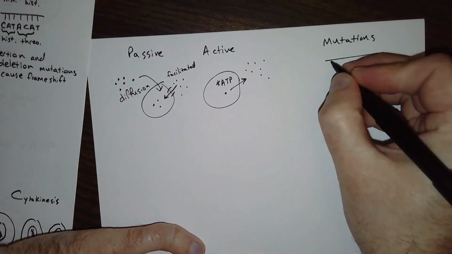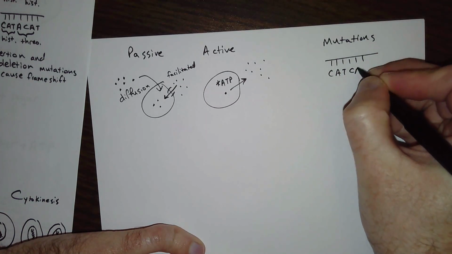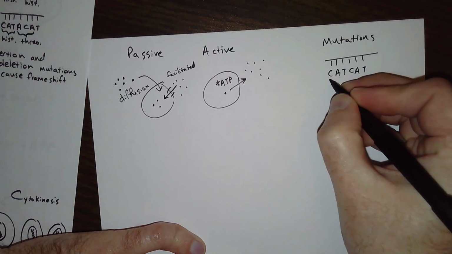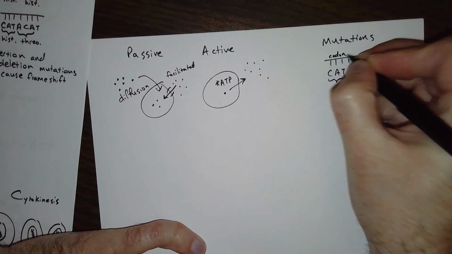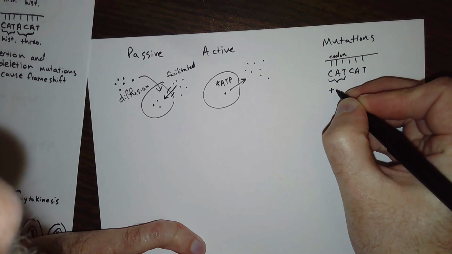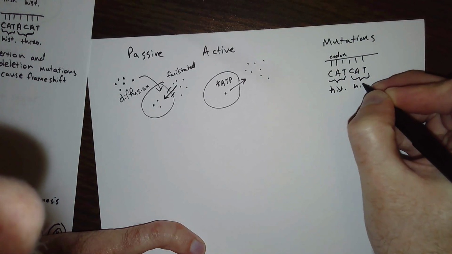For mutations, the best way to remember how mutations work is pretend we had a section of DNA that had the code cat. Since DNA is read 3 letters at a time, this is called a codon. This codes for histidine. Same with this one, histidine.